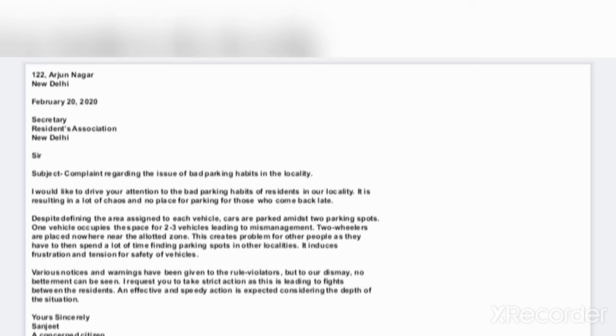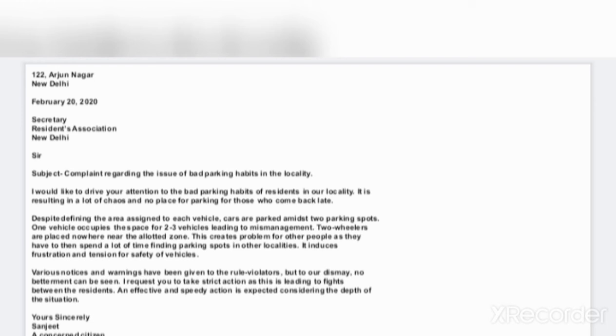Sir, then salutation. I would like to drive your attention to the bad parking habits of the residents in your locality. It is resulting in a lot of chaos and no place for parking for those who come back late. Despite defining the area assigned to each vehicle, cars are parked amidst two parking spots.